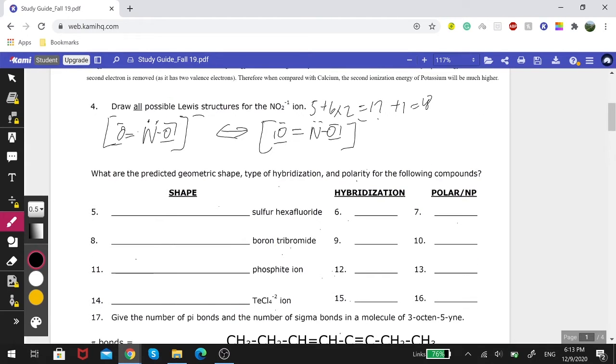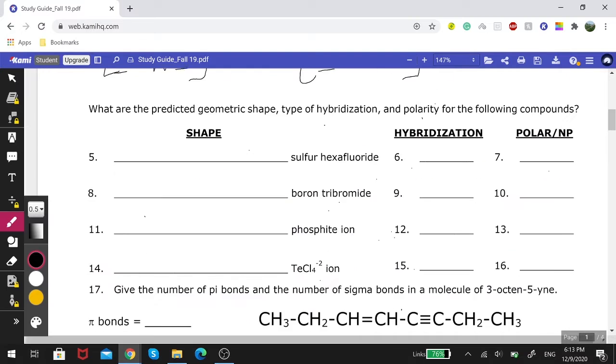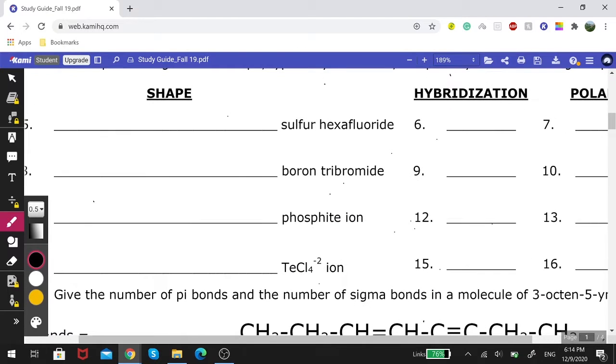Okay, so now we're going to do shapes, hybridization, and polar and nonpolar. First, let's write sulfur hexafluoride, SF6. Sulfur has 6 plus 7 times 6 equals 48. Let's draw.